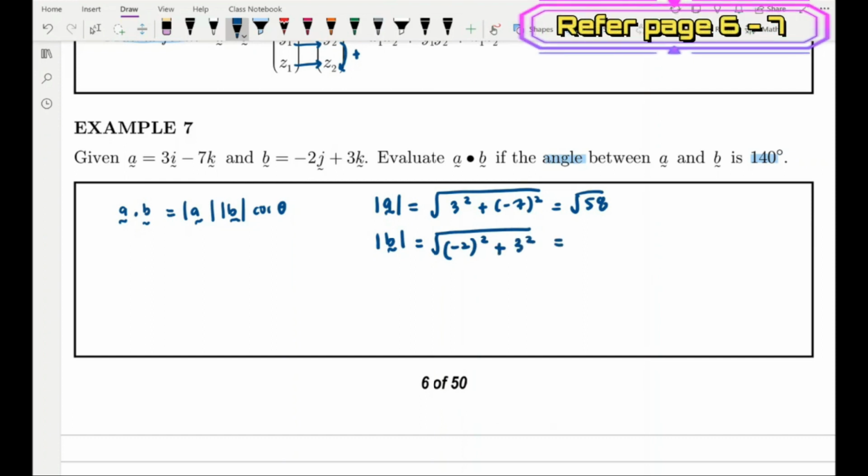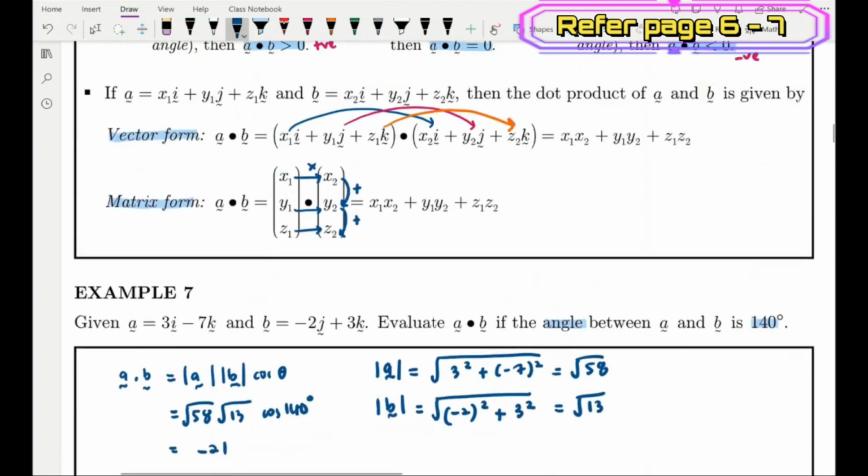So the answer is square root of 13. And we put these back in the formula, so we get square root of 58 times square root of 13 times cos 140. So the answer is negative 21.